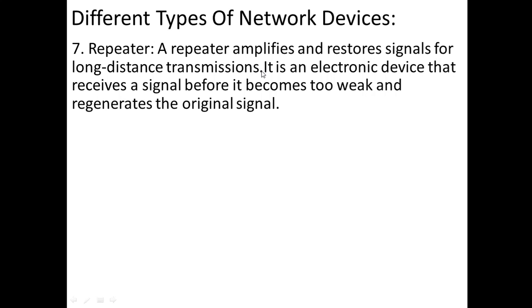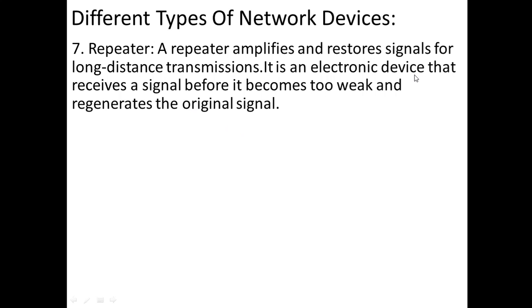If data has to move from source to destination and in between there is a large distance, then the repeater will be placed in between, because sometimes the signals may become weak before reaching the destination. Therefore a repeater will be placed which amplifies and restores the signal for long distance transmission.